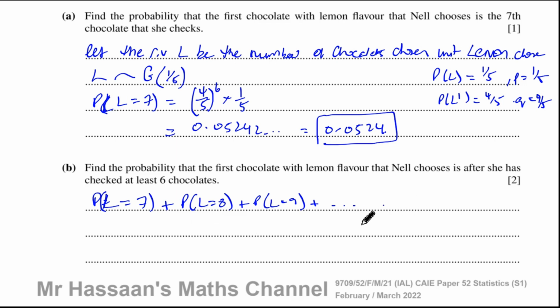How do we work that out? Well, there's a formula that we should know from our understanding of geometric distributions, which is not in the formula sheet, but we should learn it when we're doing the course. Basically, that formula is as follows.